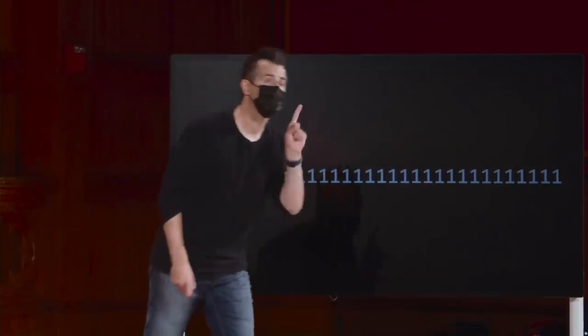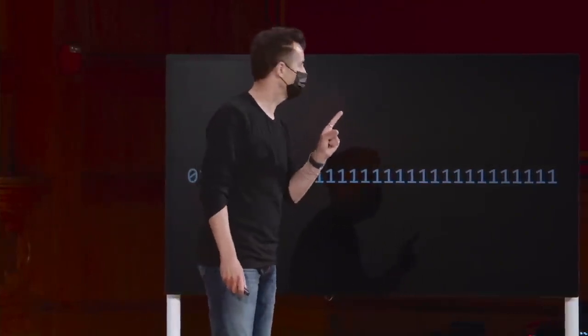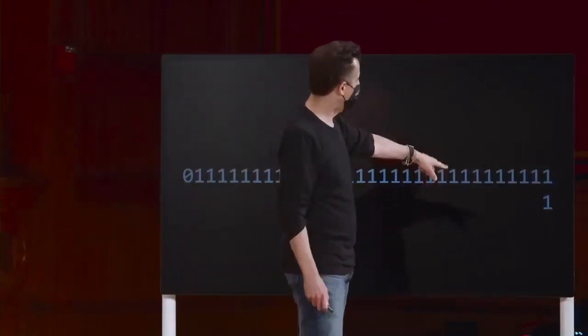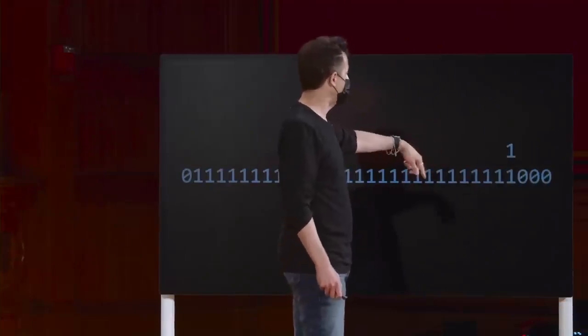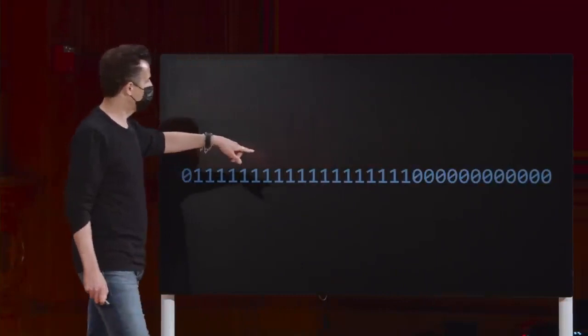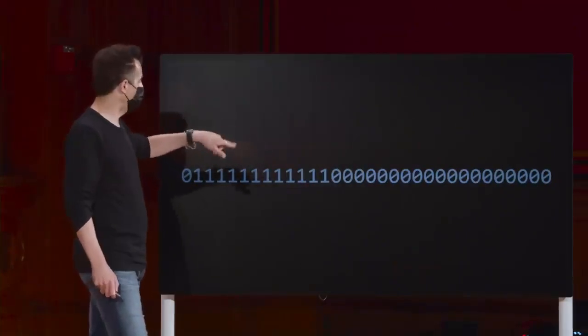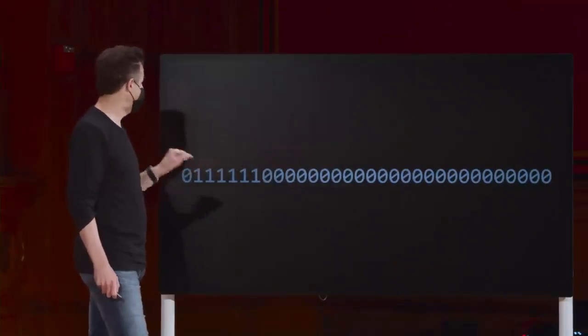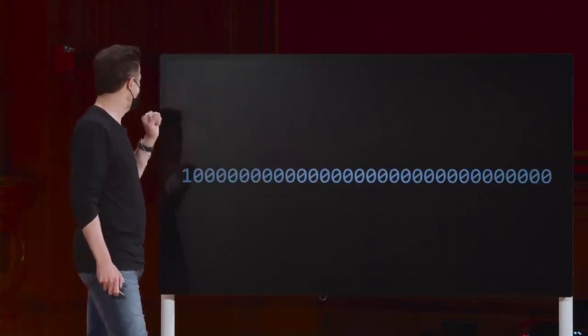If I count 1 second past that 2 billion number, give or take, that means I add 1, I carry the 1. It's just like 9s becoming 0s in decimal. If I keep carrying the 1, carrying the 1, carrying the 1, then 1 second after 2 billion seconds, give or take, I have this number in the computer's memory.